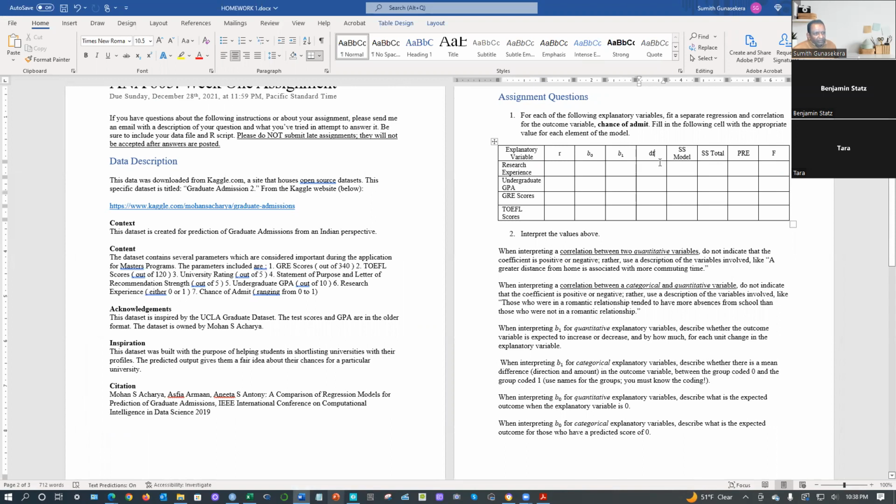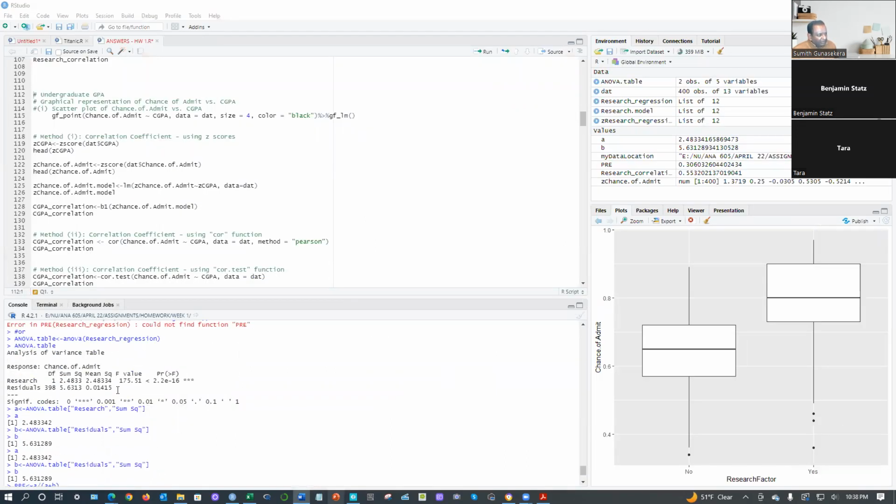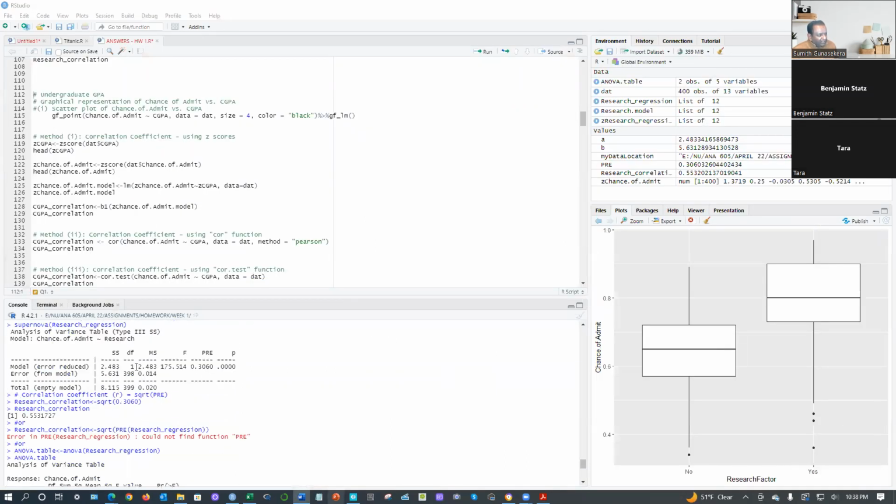Degrees of freedom, if you want, you can get for error. Degrees of freedom for error, and the SS model. Go over here, either this model or this one. Error is how much? The error here is 398.